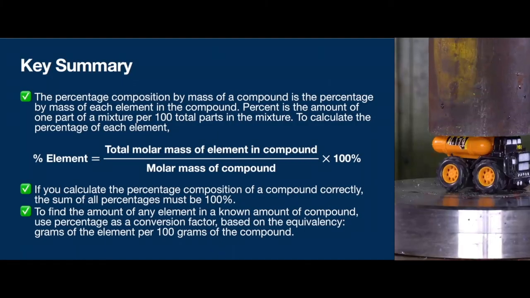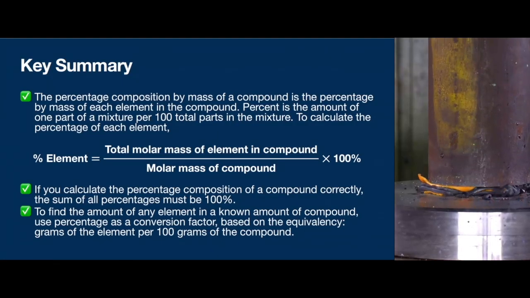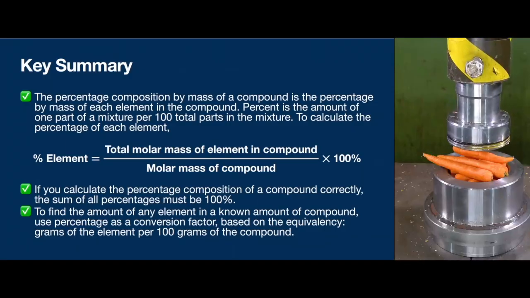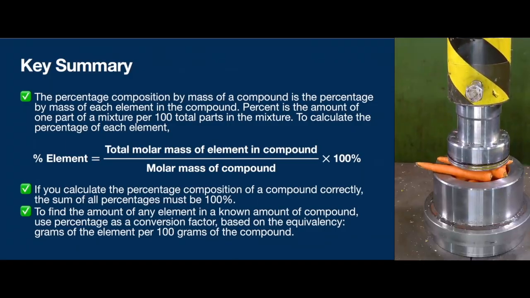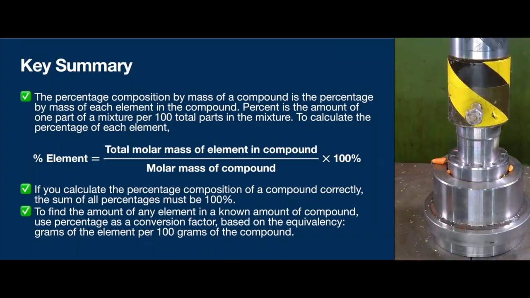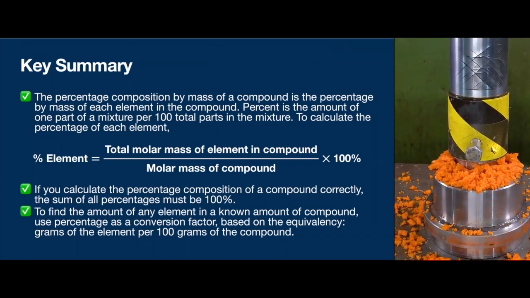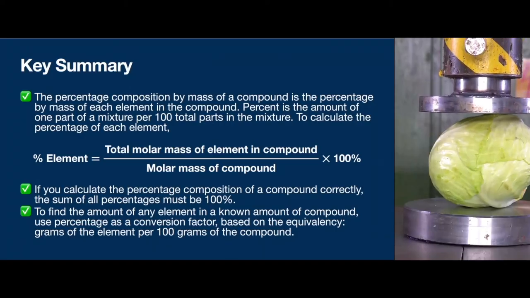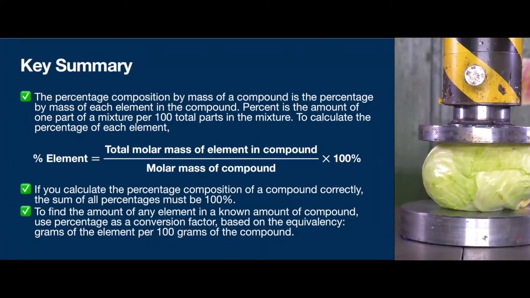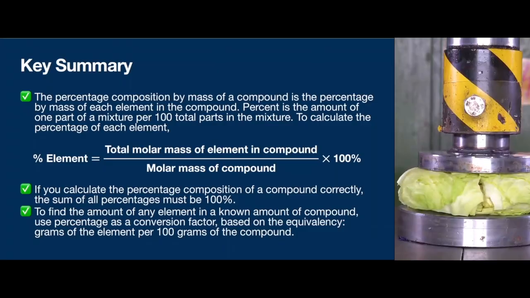In summary, the percentage composition by mass of the compound is the percentage by mass of each element in the compound. Percent is the amount of one part of a mixture per 100 total parts in the mixture. To calculate the percentage of each element, we have the following formula.